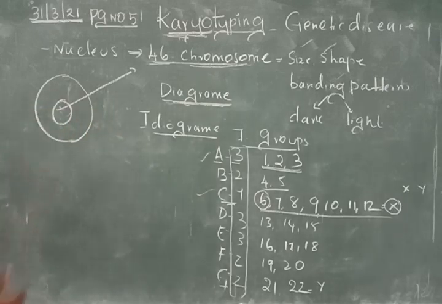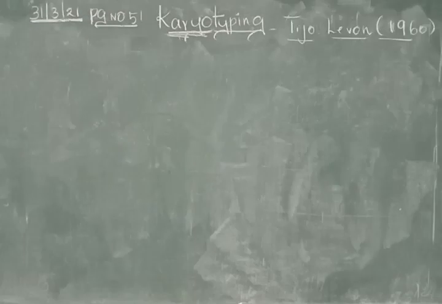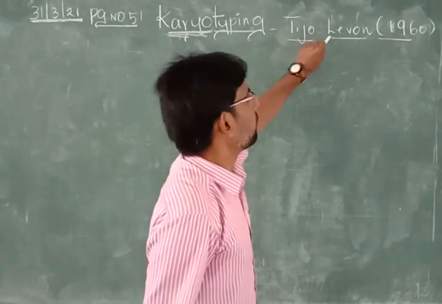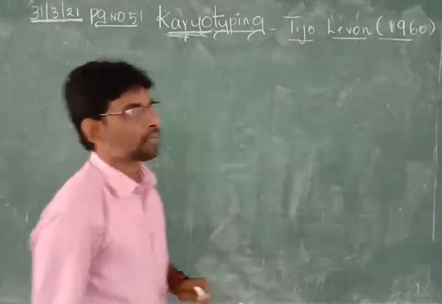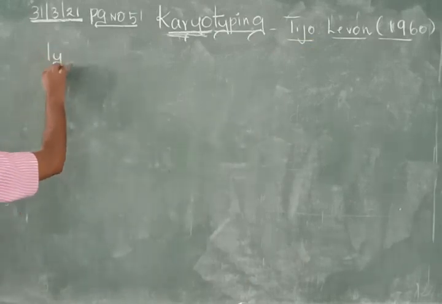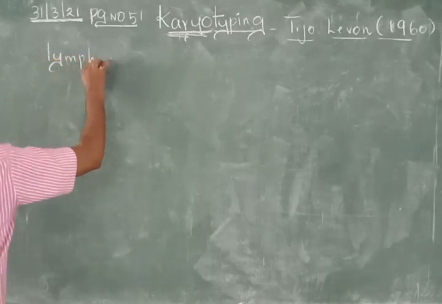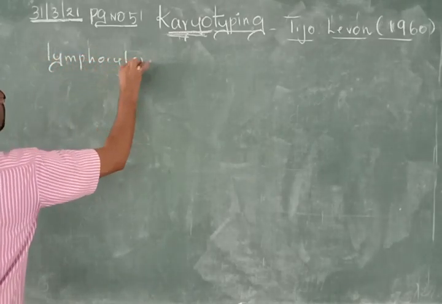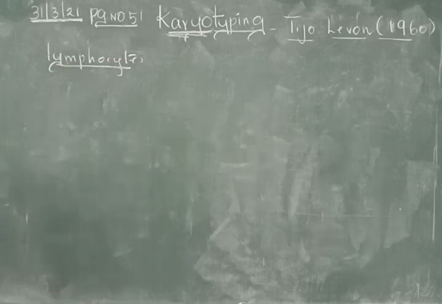Clear? Now we will talk about how this technique is done. Theo and Levin in 1960 described a very simple method of culturing lymphocytes. Lymphocytes are one type of WBC that we have in the blood.